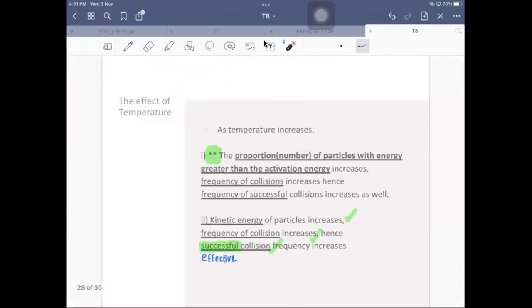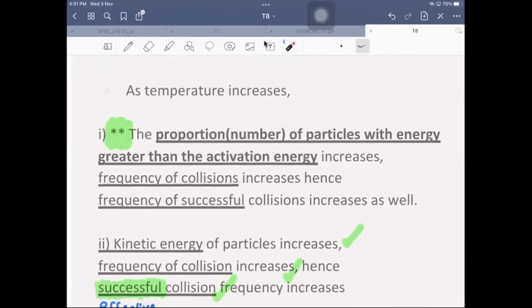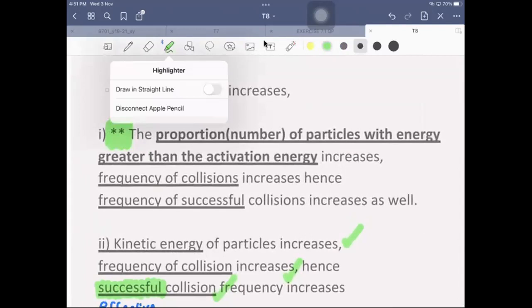Right, so we go back to the explanation, part 1, the one with the asterisk, that I really emphasize the importance of this explanation. Okay, so the reason why rate increases as temperature increases is because the proportion of particles with energy greater than activation energy increases.